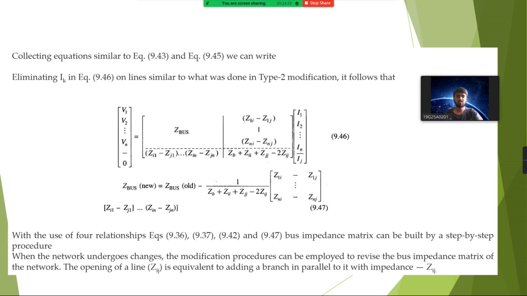When this network undergoes changes, the modification procedures can be employed to revise the bus impedance matrix of the network.